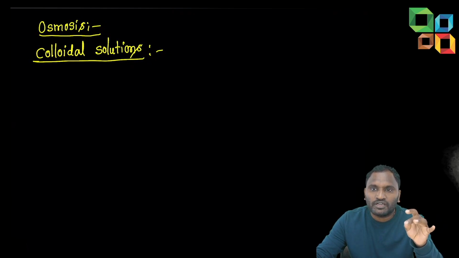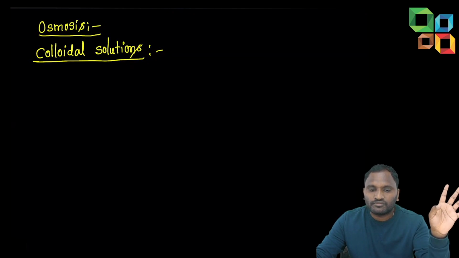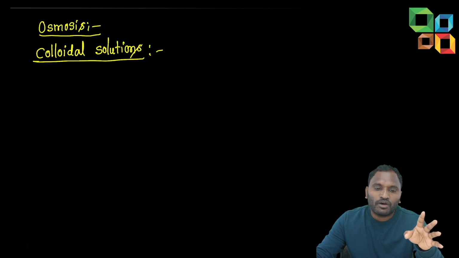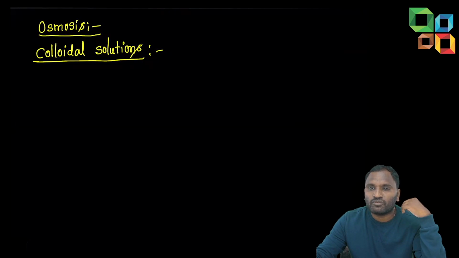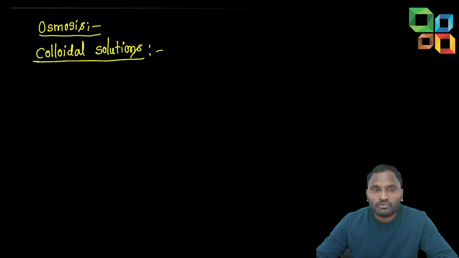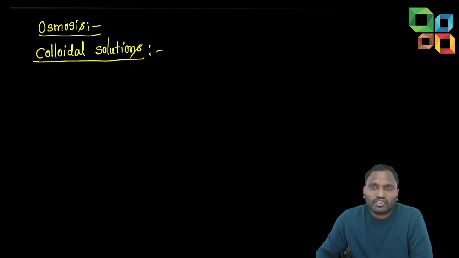In true solutions, particle size is too small, less than 10 to the power minus 7 centimeter, or sometimes we say less than 1 nanometer. In case of suspension, particle size is greater than 10 to the power minus 5 centimeter, or greater than 100 nanometer.